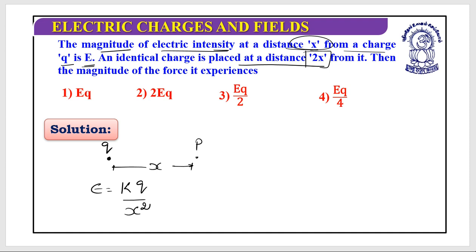Now move forward. Then they ask that an identical charge, that means a charge having the same magnitude and same nature, is placed at a distance of 2x from it. An identical charge is placed at a distance 2x from it, then the magnitude of the force it experiences.